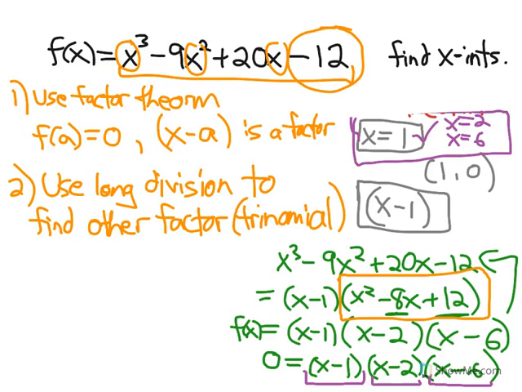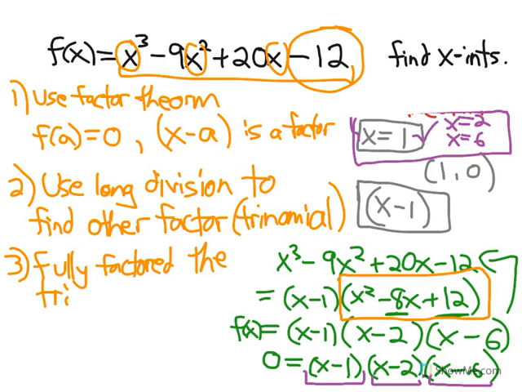So we knew that that was the other bracket when we were going to factor the original function. Third step, we fully factor the trinomial. So that's your basic grade 9 factoring when we took this three-termed bracket and we broke it into the two brackets below, x minus 2 and x minus 6.